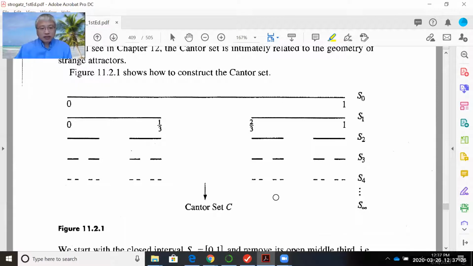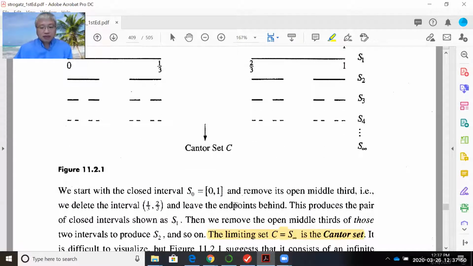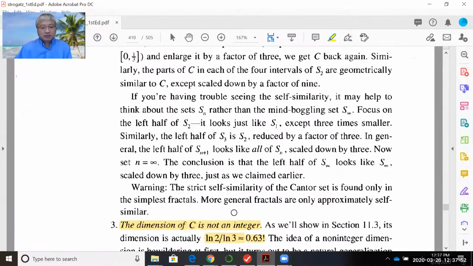So the Cantor set clearly is a fractal because of its complexity. It doesn't matter how small a scale you go, it has its complexity. And of course it has strict, exact self-similarity. Namely, if you reduce the length scale by 1/3, the object looks exactly like the larger one. So that's the Cantor set.